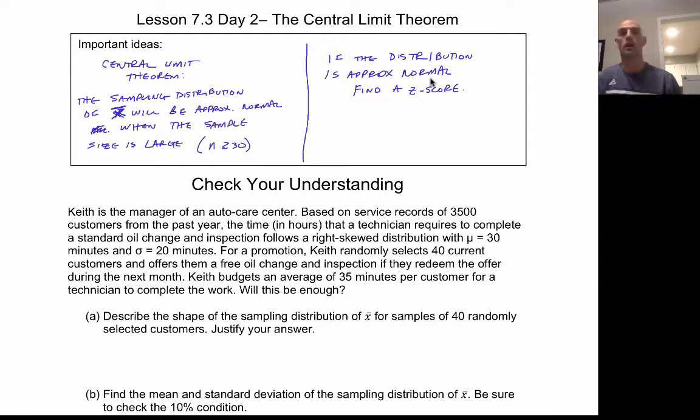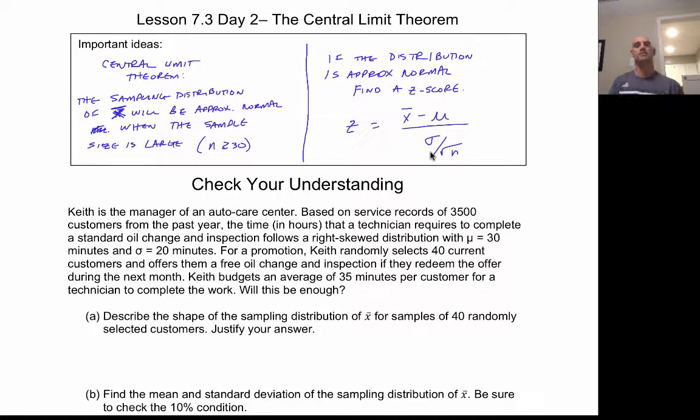Which is going to help us do what? It's going to help us assess how close it is to the mean, how well we do compared to others, things like that. So our z-score is going to look like this: Z is equal to x bar minus our mean over our standard deviation divided by the square root of n.